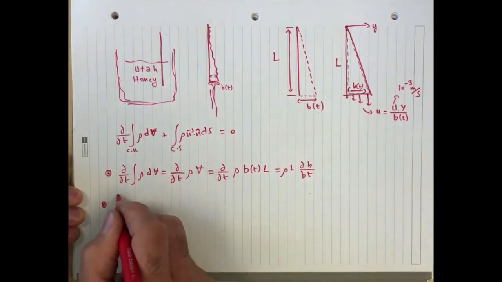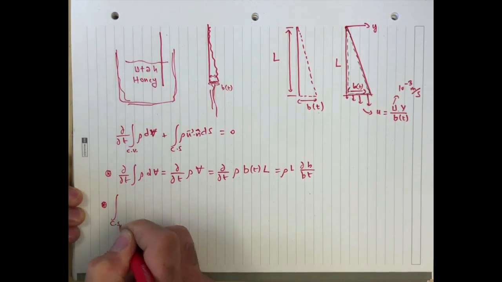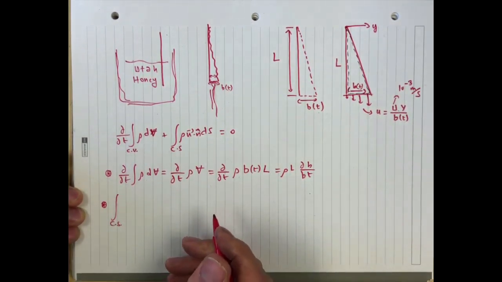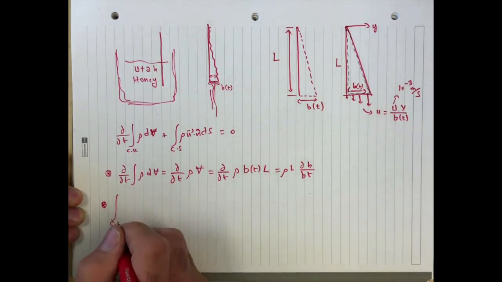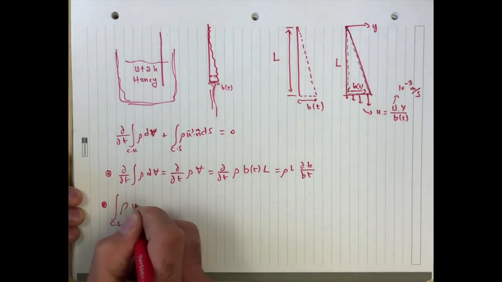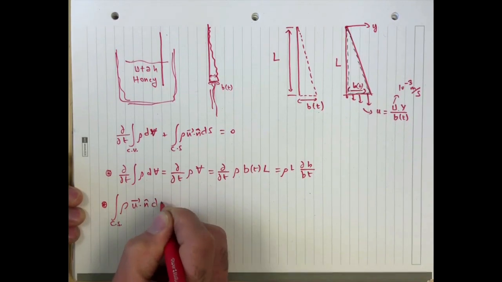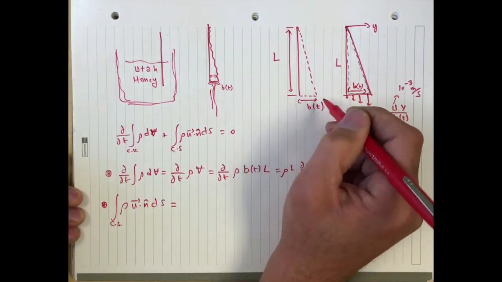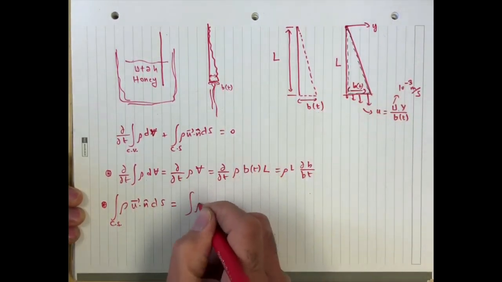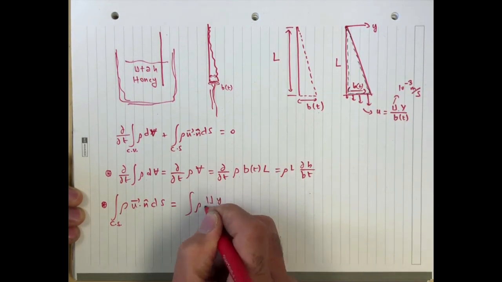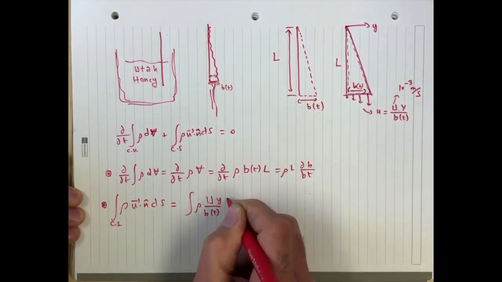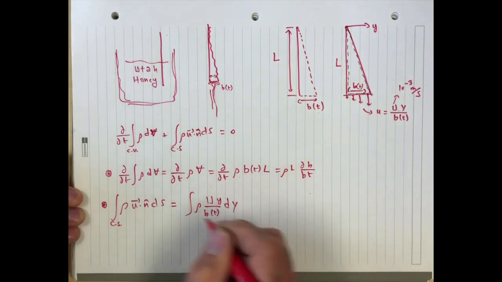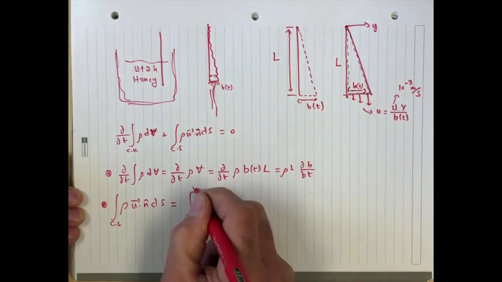Next is the outflow. We only have outflow in this case, and that's the integral over the control surface of rho u dot n ds, and that's simply equal to the integral of rho times u y over b of t times dy, integral from 0 to b of t.